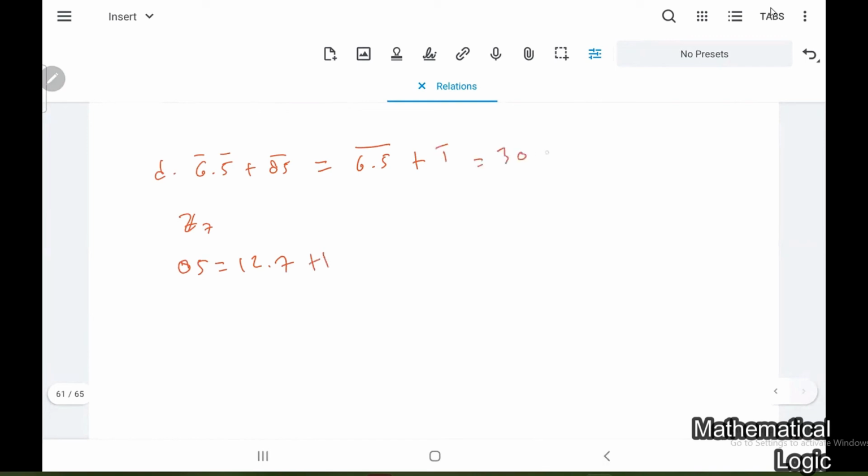So you have 30 plus 1, right? So 31 bar, and 31 is 4 times 7, 28, plus 3. So this one is 3 bar. If you encounter any difficulties, please let me know.